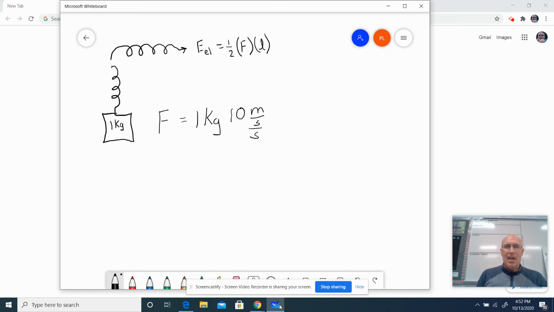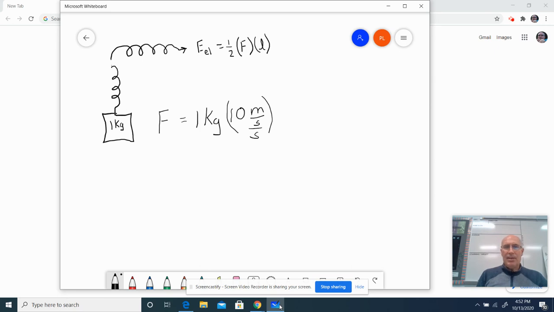And that's how we get force. Force is made up of two things. It's made up by the pull of gravity, and it's also made up by the mass.